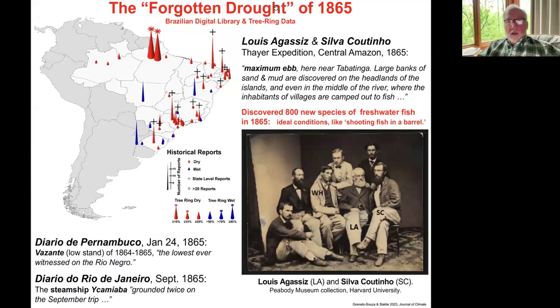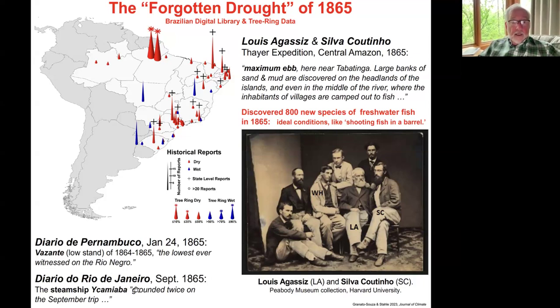And so here's the forgotten drought of 1865. Our tree rings were used to identify the event, and then Daniela went into the Brazilian Digital Library reading Portuguese and found all this other evidence. In the Diário de Pernambuco on January 24, 1865, the lowest ever witnessed on the Rio Negro.